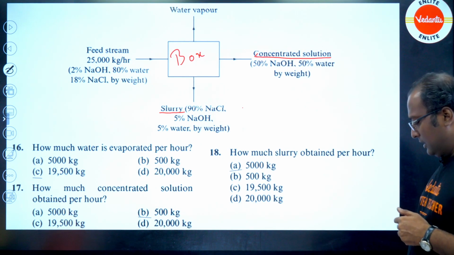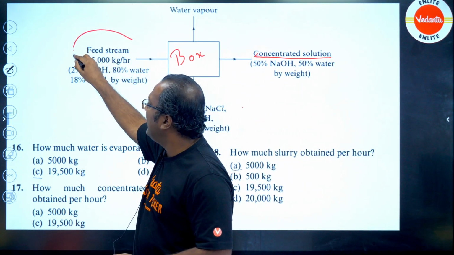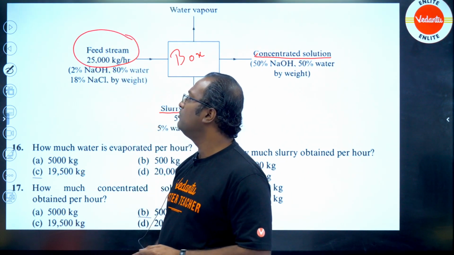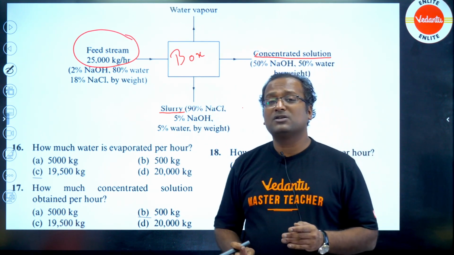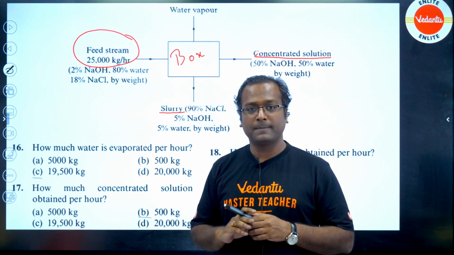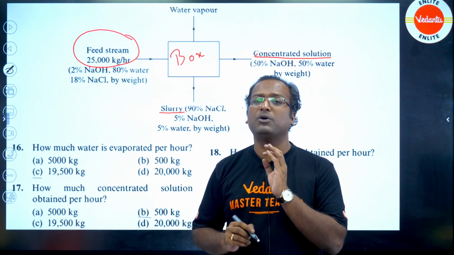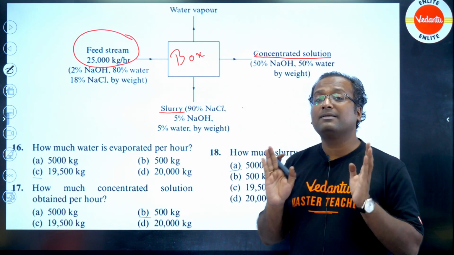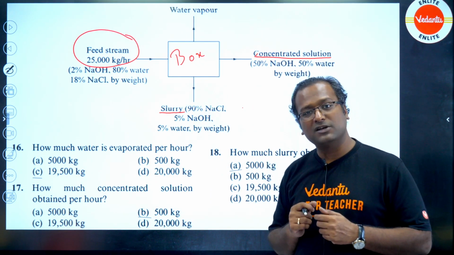The only thing that we know in terms of flow rate or feed rate is the feed stream. The answer to this question is a simple mass balance component wise and nothing else. I'll show you how.